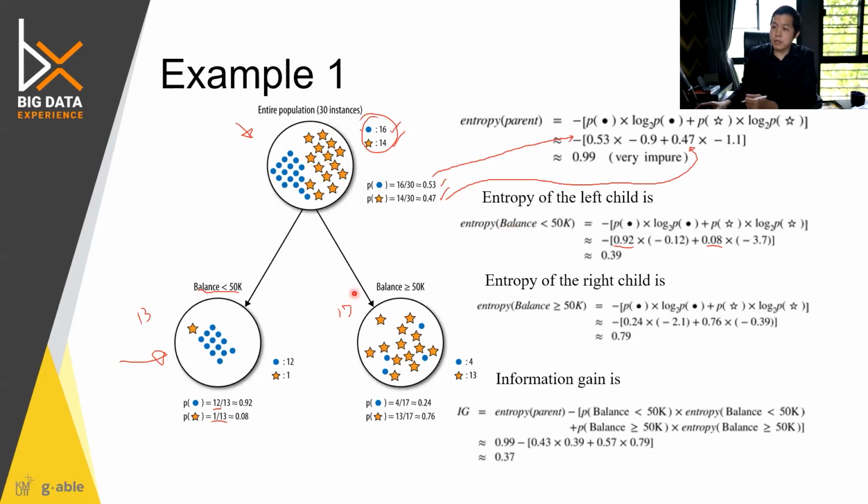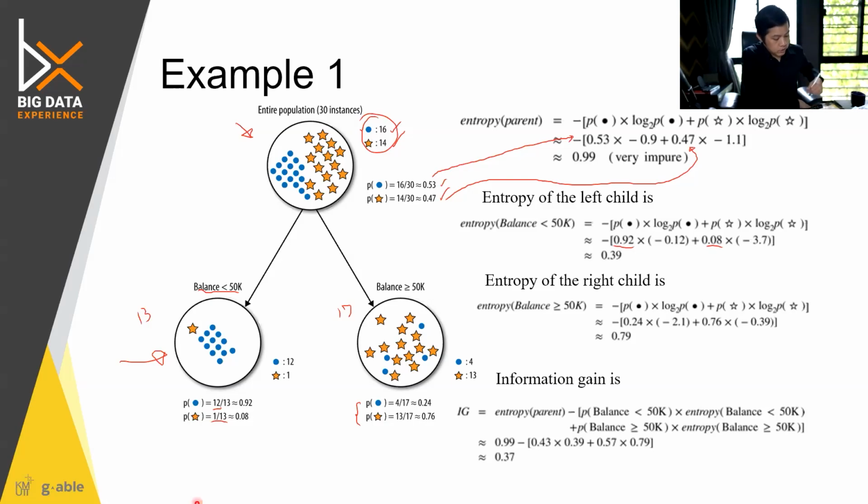And for the other segment here on the right side, doing the same thing, we calculate the proportion. I've got values of 0.24 and 0.76.